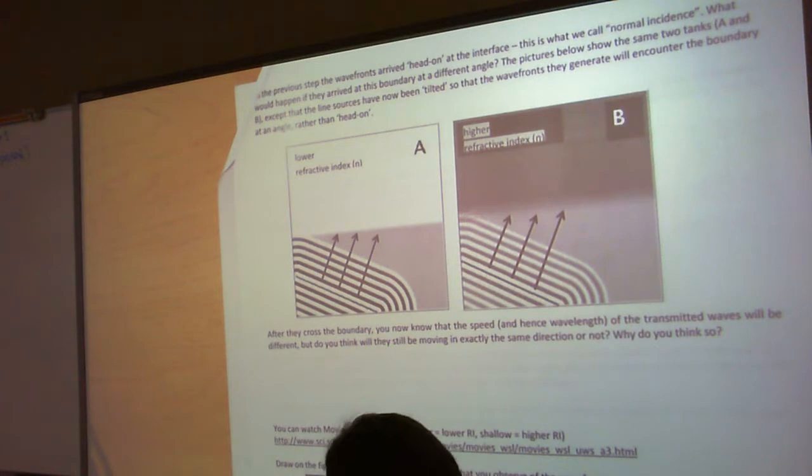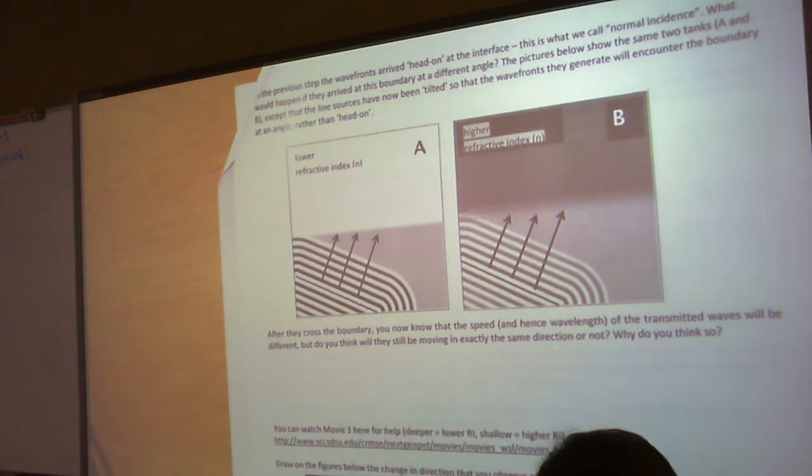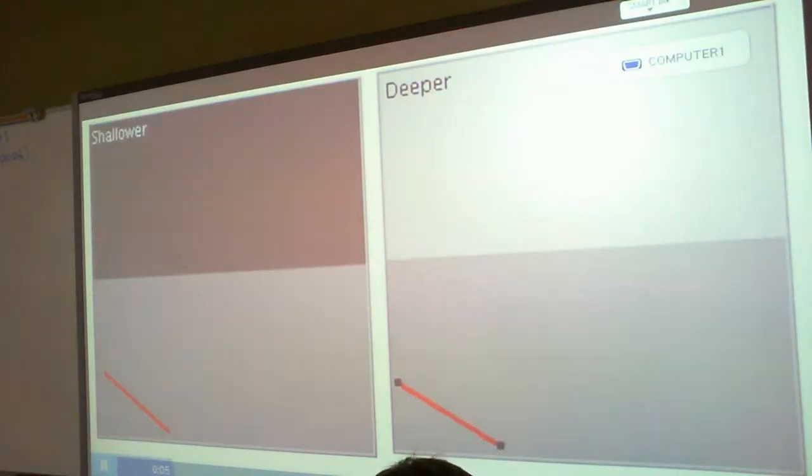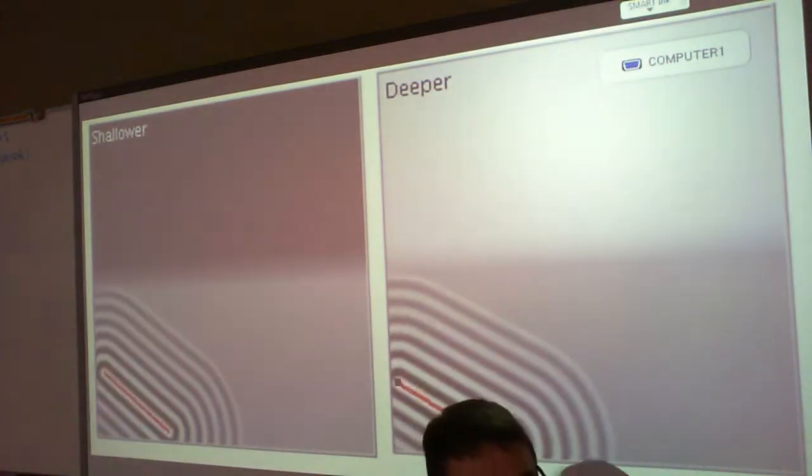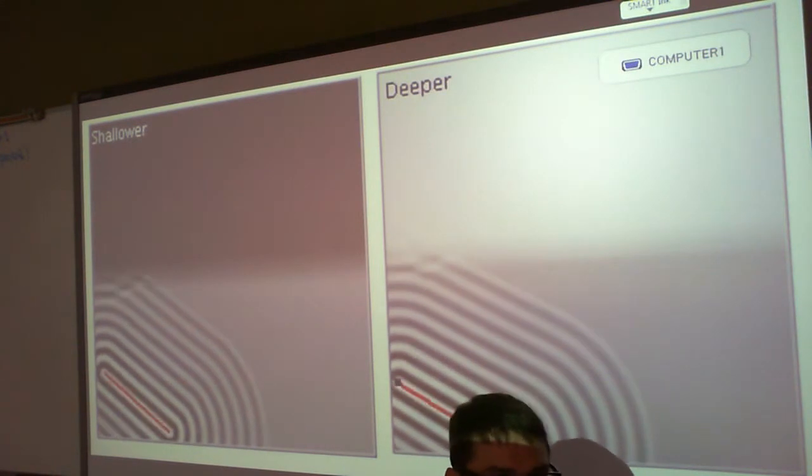Why do you think so? All right, let's go and see what happens here. Remember, deeper is lower refractive index. They'll move faster.